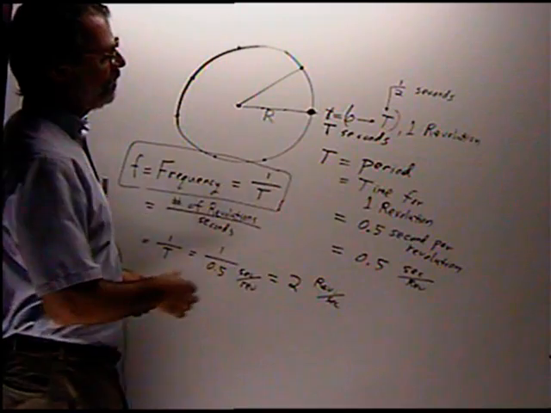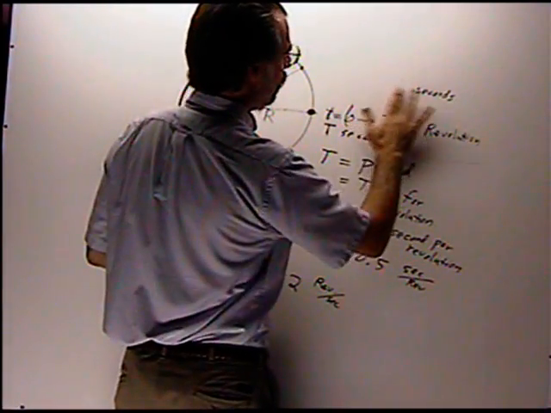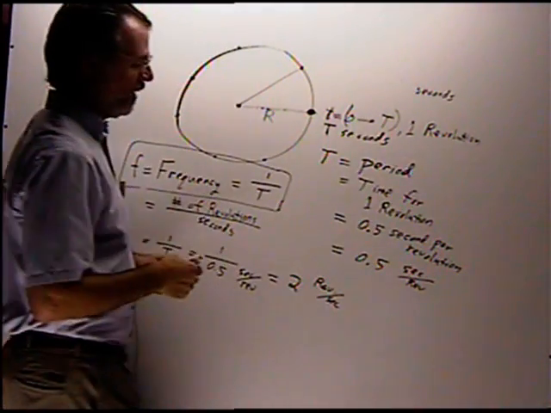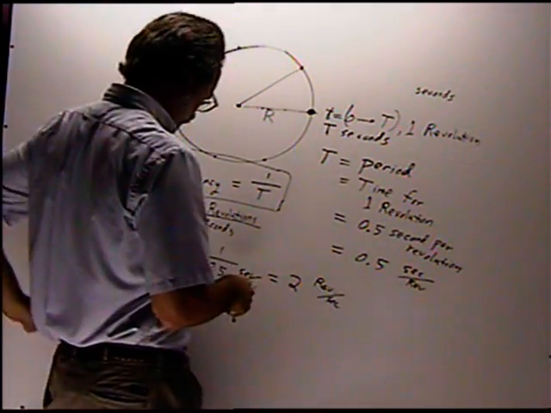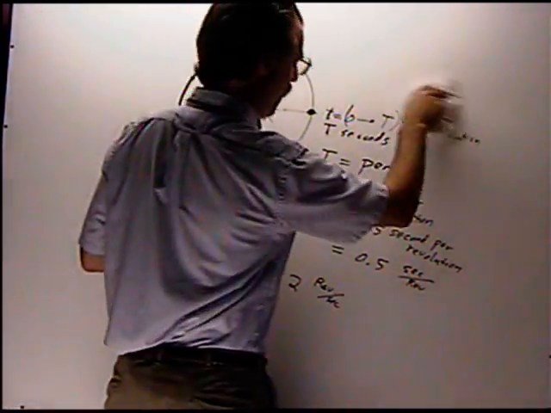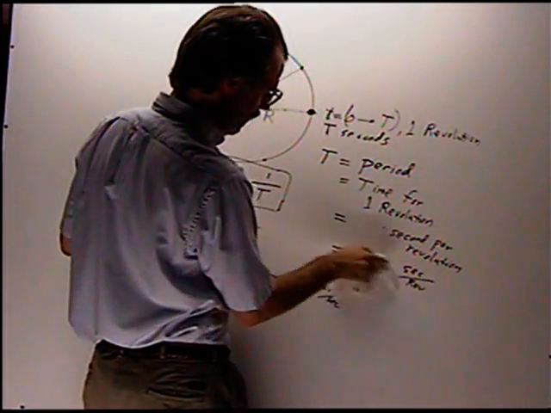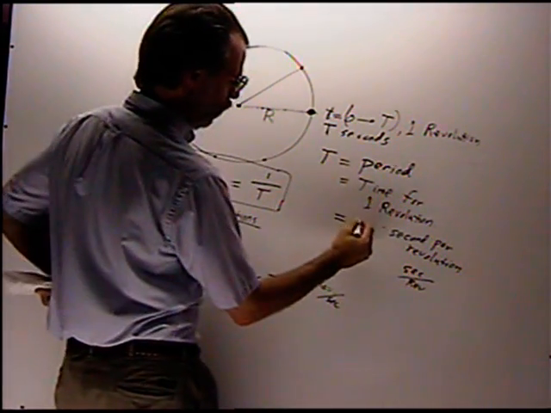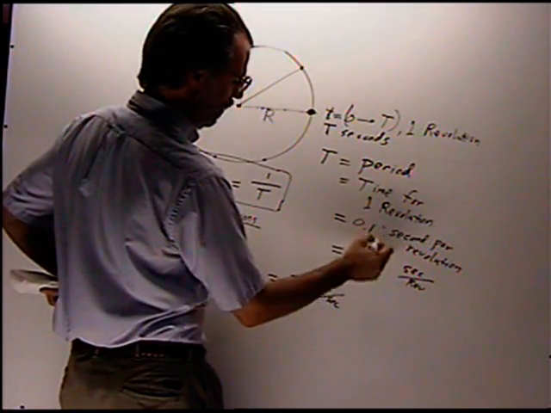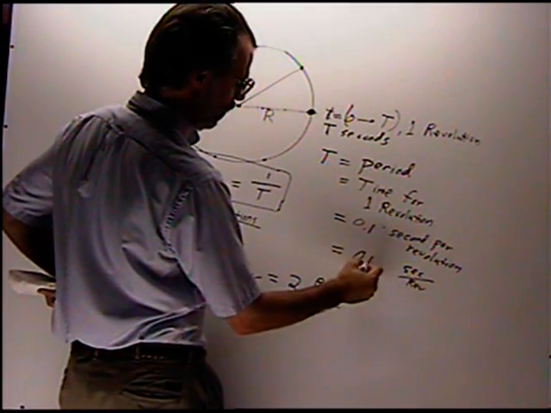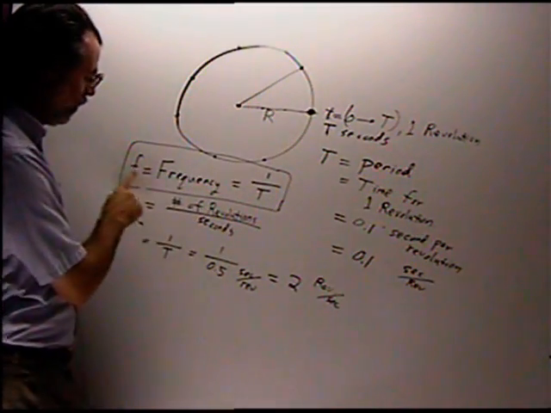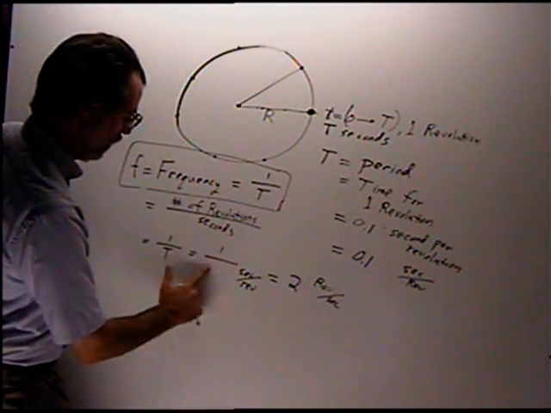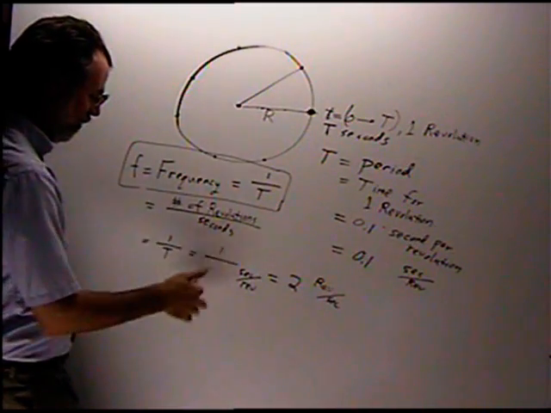As an example, suppose I really spin this thing fast, and let's suppose that the period is 1/10 of a second. So it takes only 1/10 of a second to make one revolution. What would the frequency be? Well, the frequency would be 1 over the period.